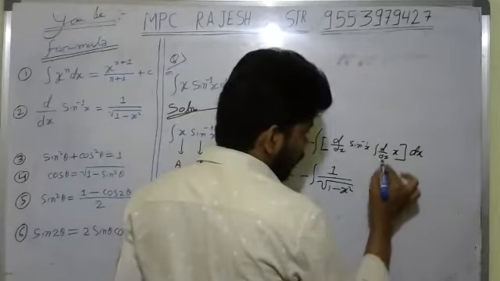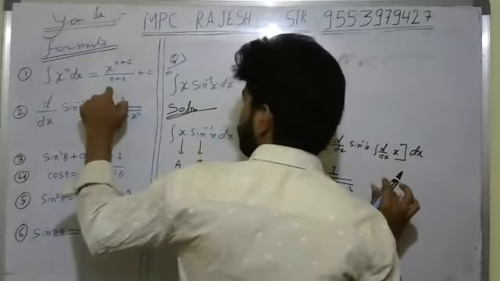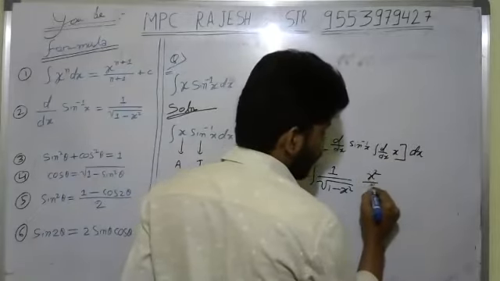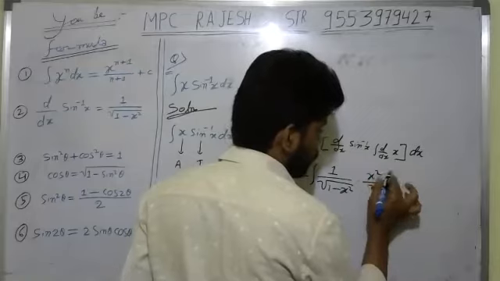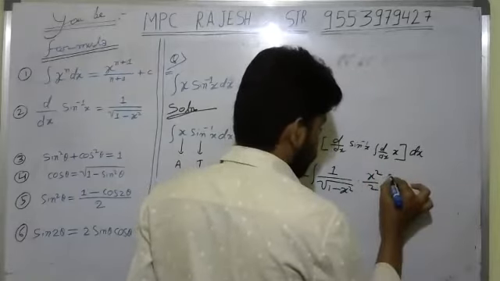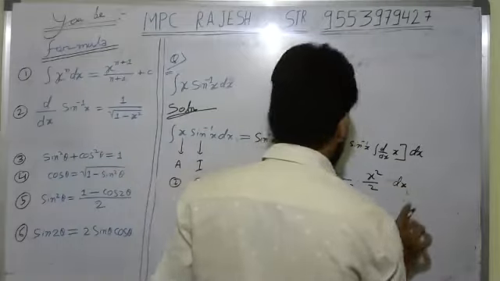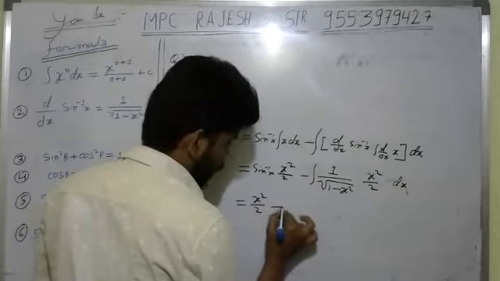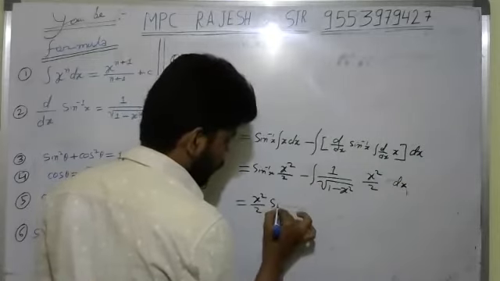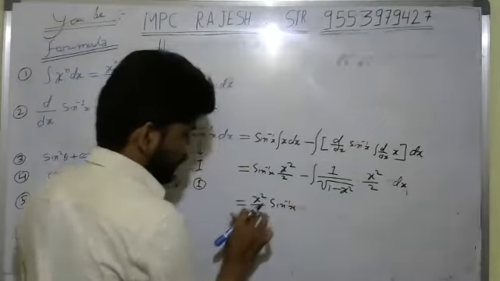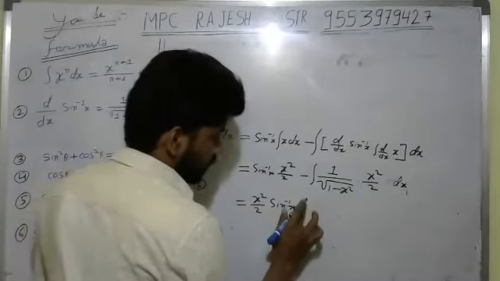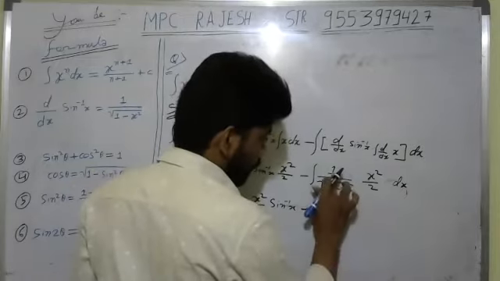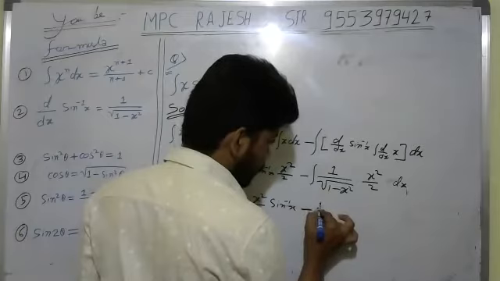Now integrate this function. Integration of x is x square by 2. So now we write x square by 2 into sine inverse x, minus integration of this. Do one thing: 1 by 2 is here, take it outside.